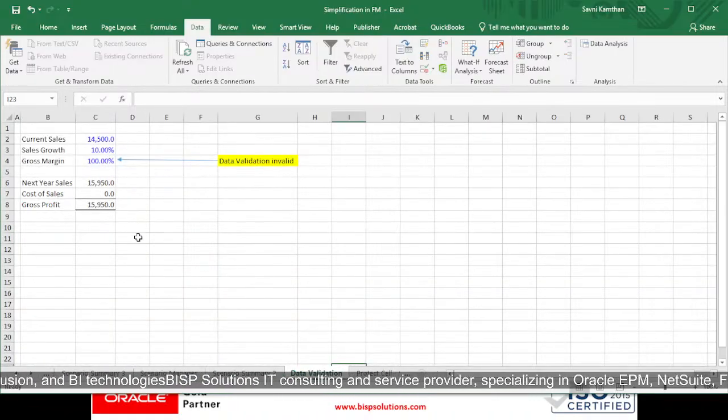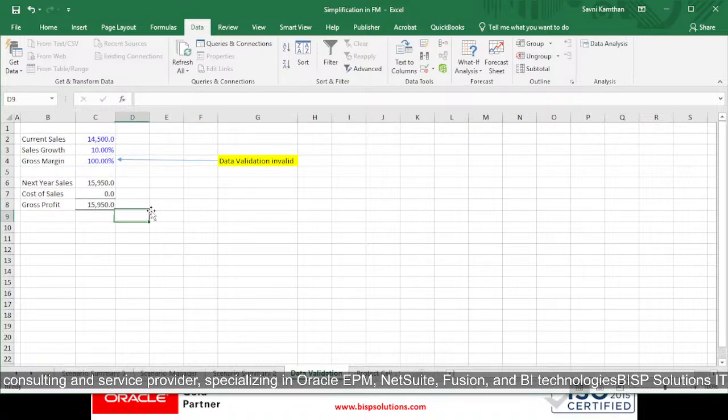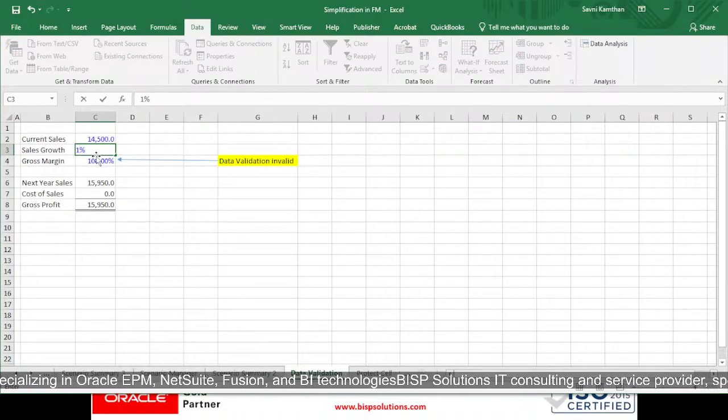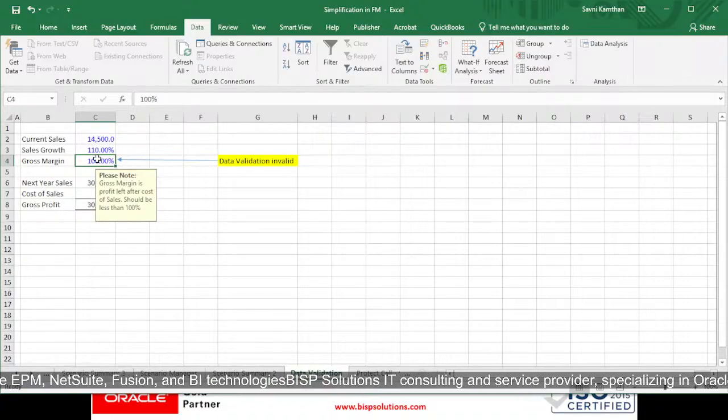Now coming to data validation, which means it controls what inputs a user can enter. If this is my data over here and I increase my sales growth to 100 or 110, it will show me this error: please note gross margin is profit left after the cost of sale and should be less than 100%.